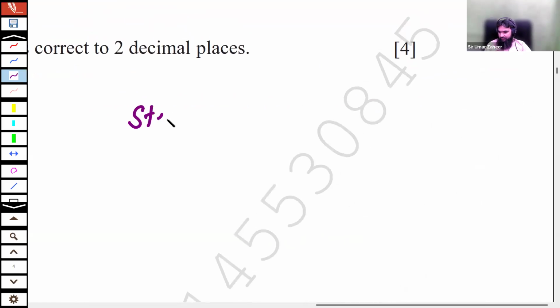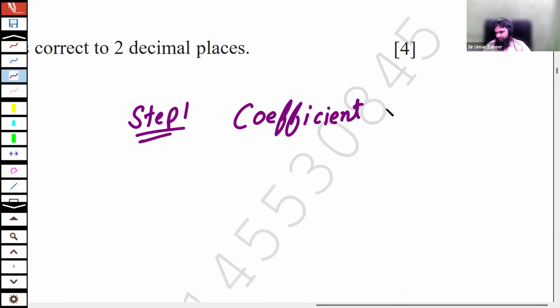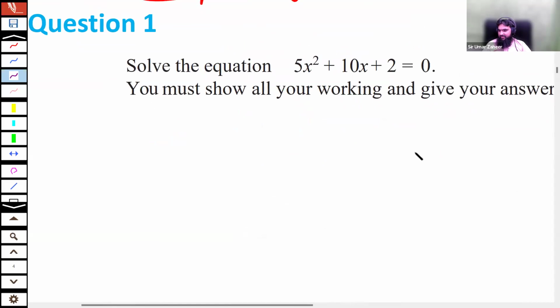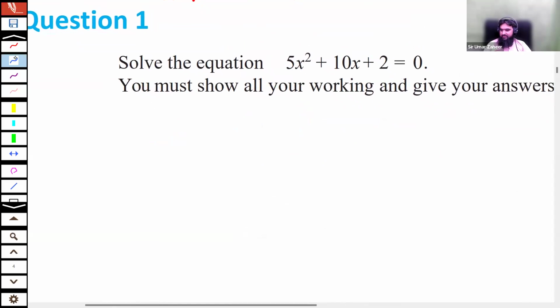The step 1 is the coefficient of x square must be 1. Now look at here. The coefficient of x square is 5. So how can we make it 1? Anyone?